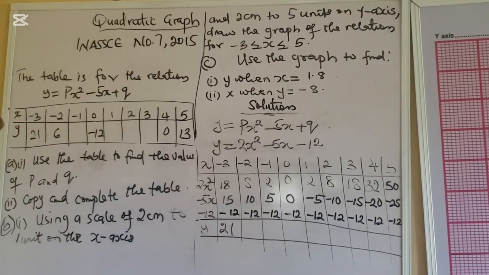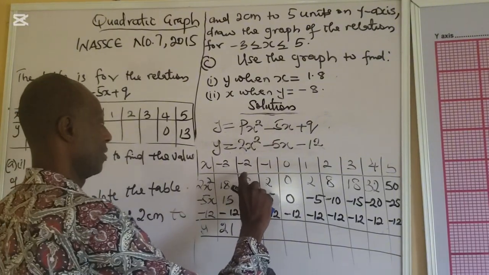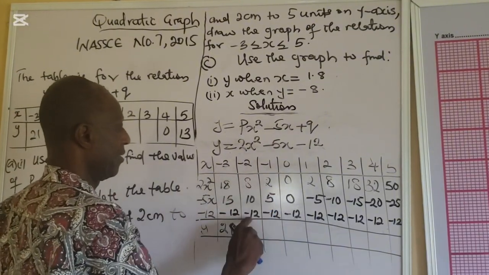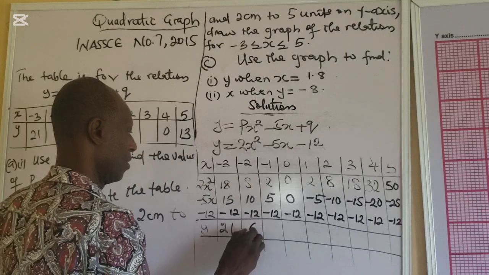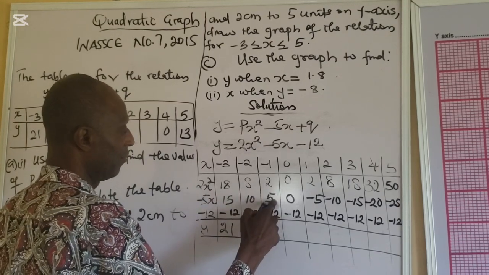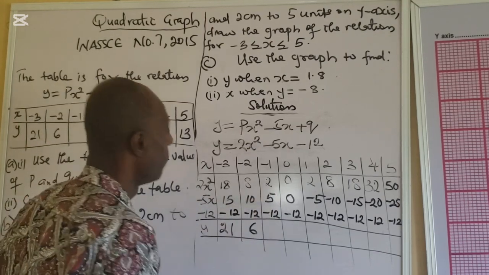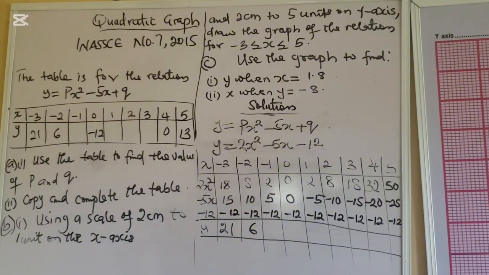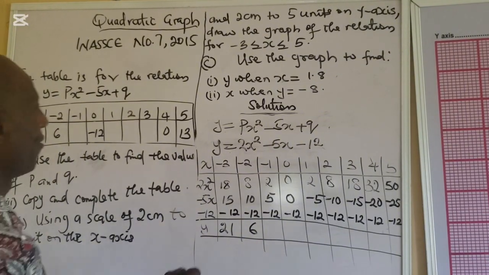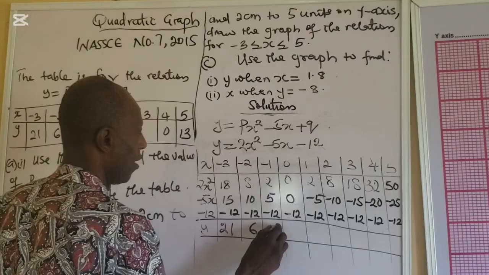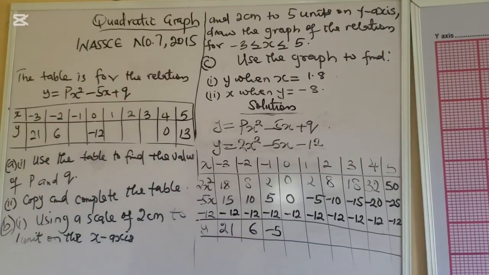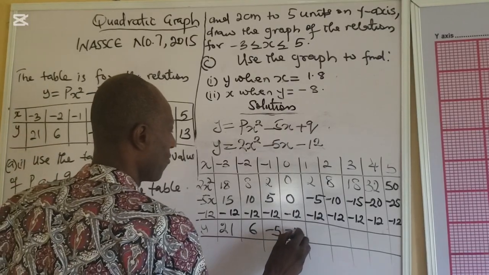Okay? 8 plus 10 is 18. 18 minus 12 is 6. 2 plus 5 is 7. 7 minus 12 gives us minus 5.